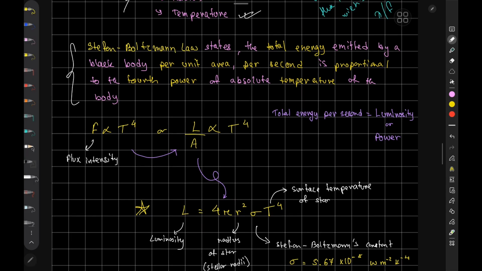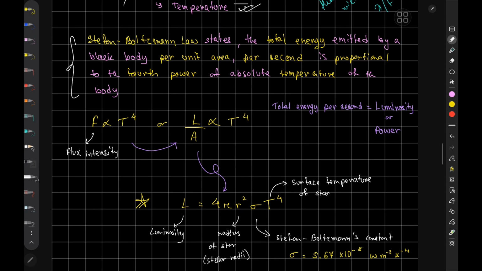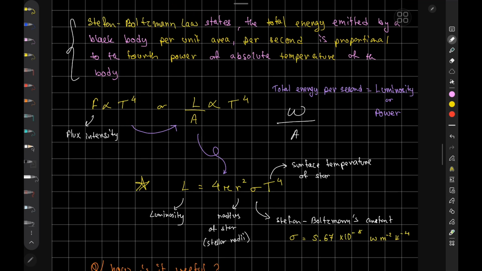So what it's saying is the total energy emitted by a black body. Let's consider that work done W or energy W, total energy emitted by it, per unit area. So per unit area of the sphere, basically one small piece of area.